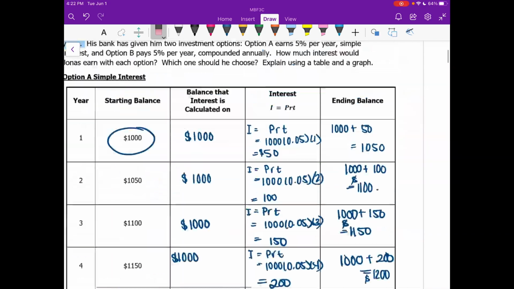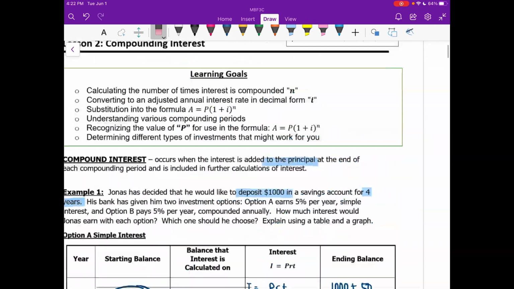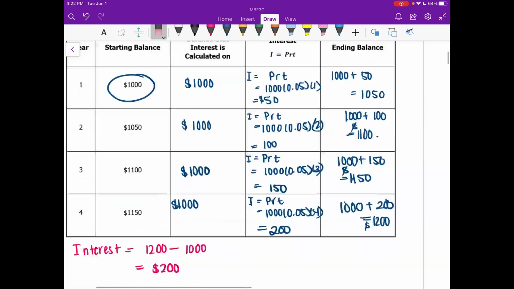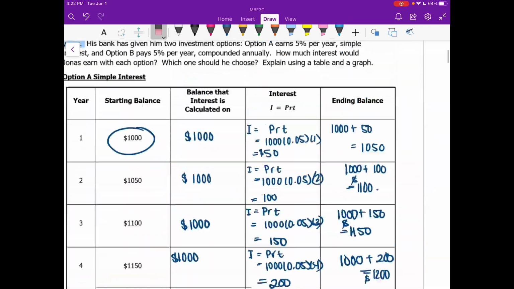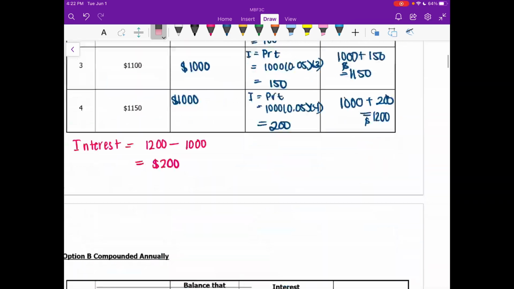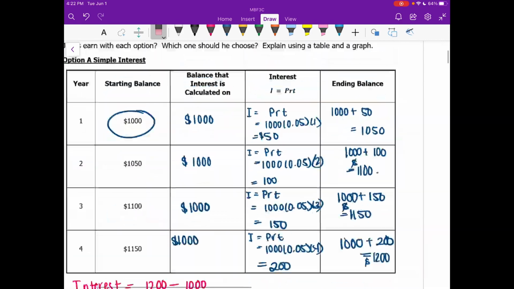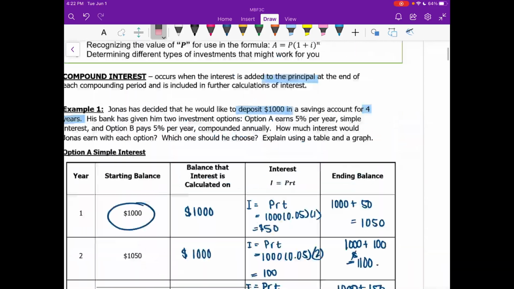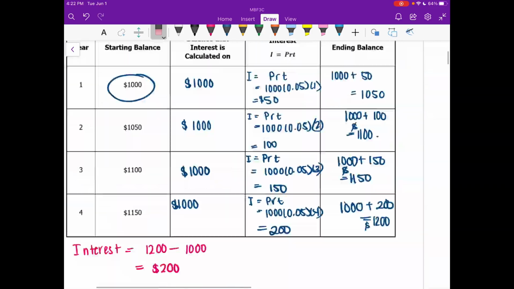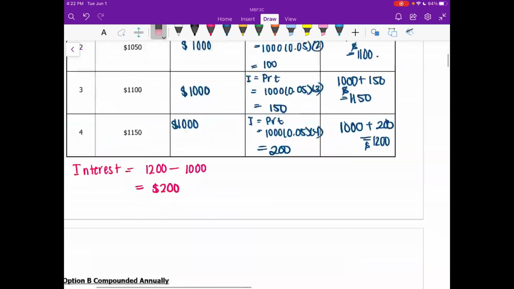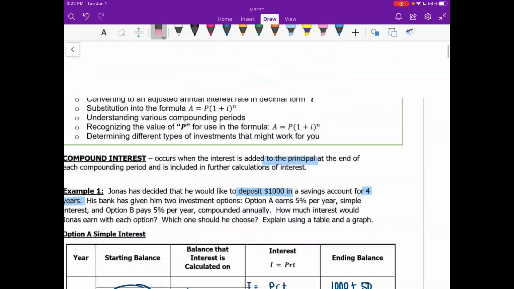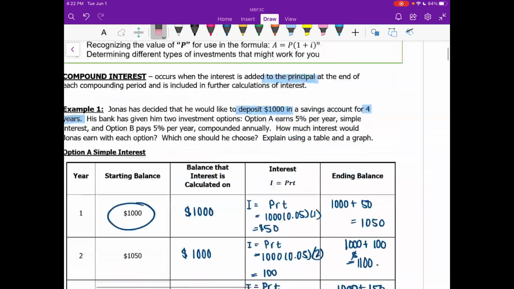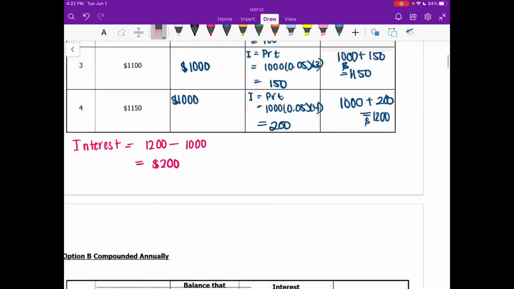So I'm going to do 1050 plus 52.50. So my new ending balance is going to be 1102.50.